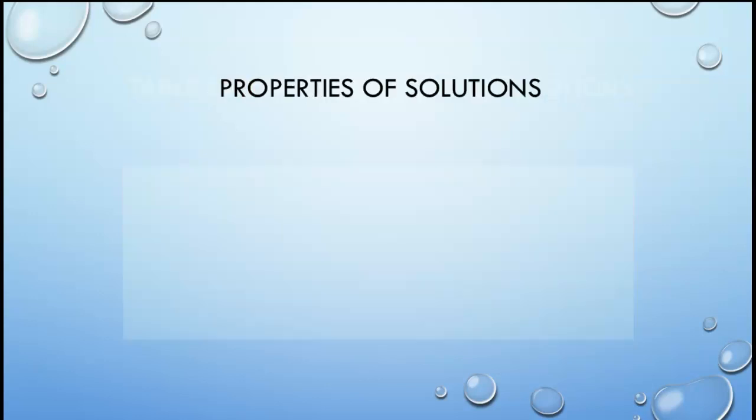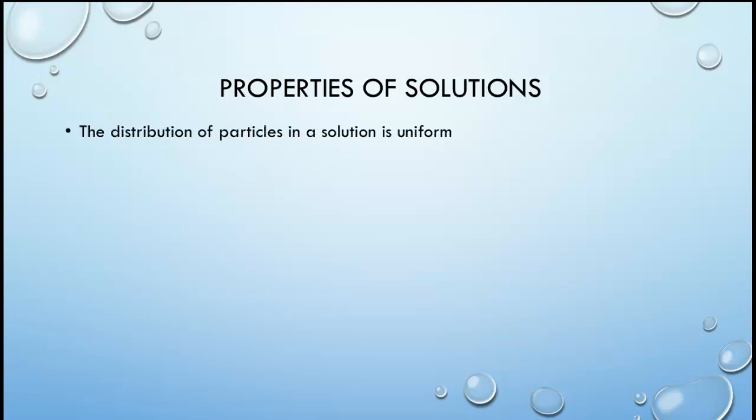All right, so I want to go through some basic properties that all solutions have. These are written on your definitions sheet, so you can follow along. The first property is that the distribution of particles in a solution is uniform. Remember, the definition of a solution is a homogeneous mixture.